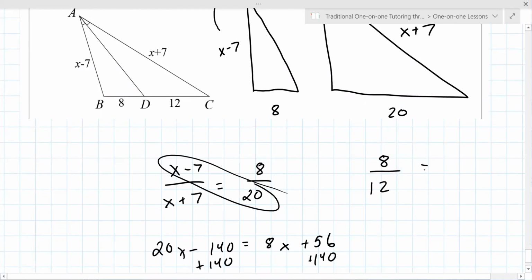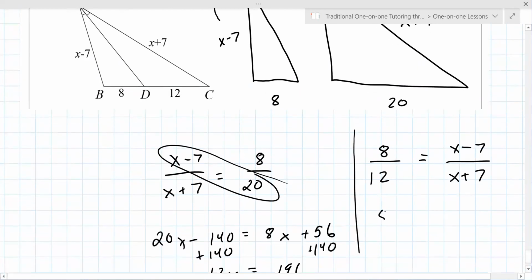Let's try 8 over 12 equals x minus 7 over x plus 7. So it's 8x plus 56 equals 12x minus 84. So if we add 84 to both sides, we get 140 equals 4x. So x equals 35.